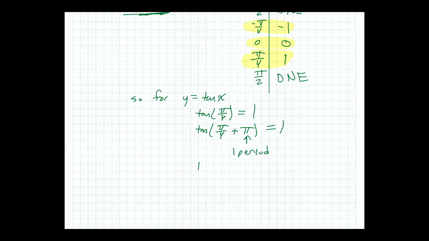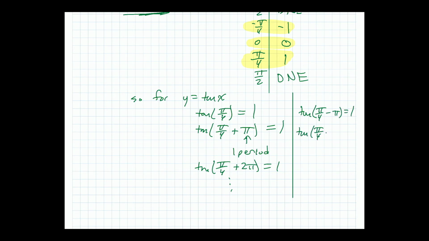So tangent of pi over 4 plus pi is 1. Also, tangent pi over 4 plus 2 pi is 1, and so on. And negatives as well. Tangent pi over 4 minus pi is 1. Tangent pi over 4 minus 2 pi is 1, and so on.